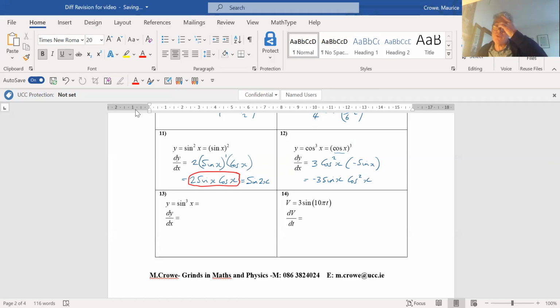You can put the cos squared first, but minus 3 sine x cos squared x. Lovely. Again, now this one here then, sine, that's sine x all to be cubed. So that's going to go to 3 sine x all to be squared, which is the same as the sine squared x. And that's sine x then goes to cos x. Yes. So then that then is 3.